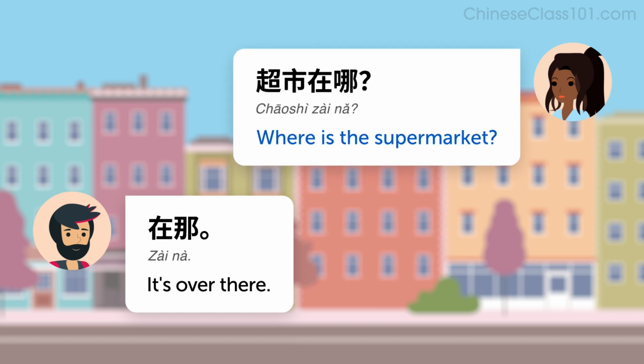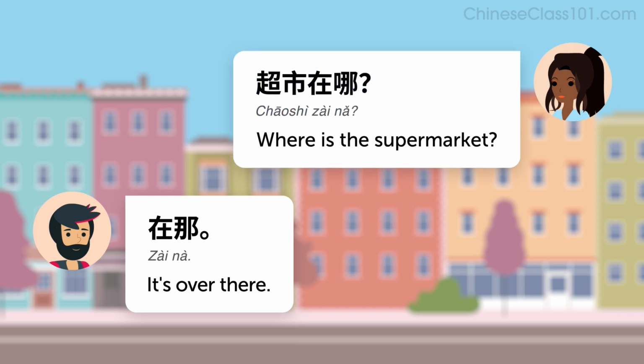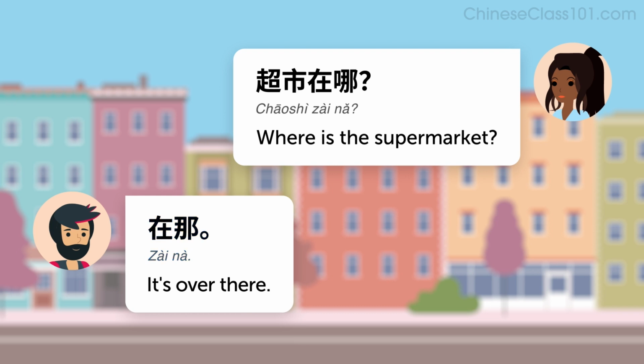For example, where is the supermarket? 超市在哪儿？Now, how do you answer this question? 在那。This Chinese sentence literally translates as at there, but it means it's over there.